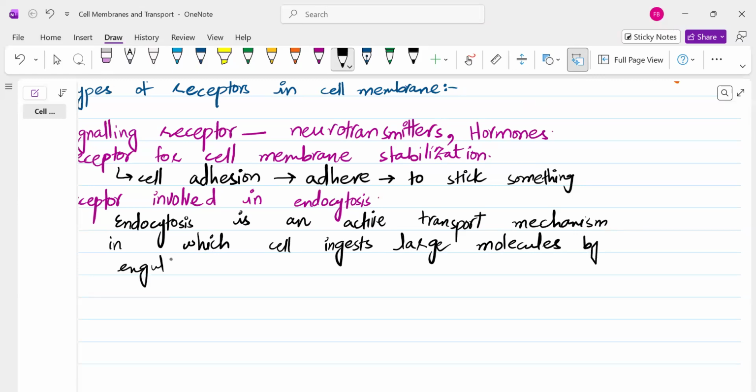It will engulf first, and then there will be ingestion. In the plasma membrane, in this fluid mosaic model, the membrane. I'm writing the definition over here, and then I will tell you what I have written.